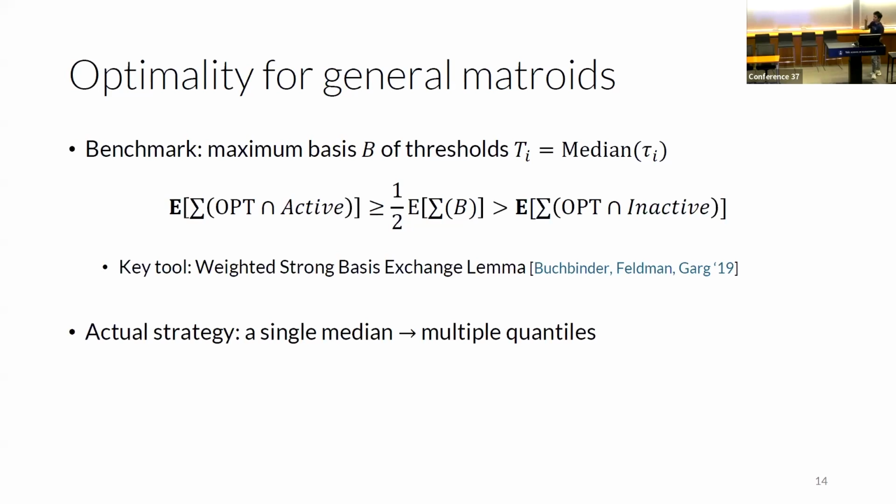Therefore, this leads to a half approximation. And the key to it is the weighted strong basis exchange lemma from the submodular maximization literature. And also, our actual strategy at last is by using multiple quantiles instead of a single median to improve the competitive ratio.